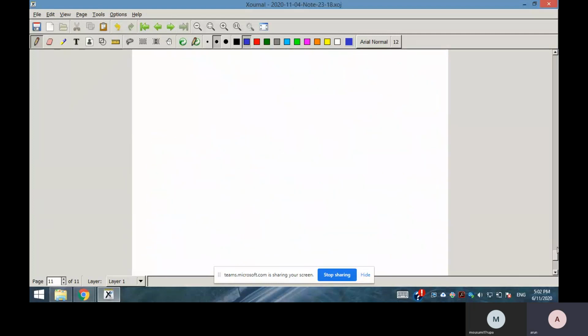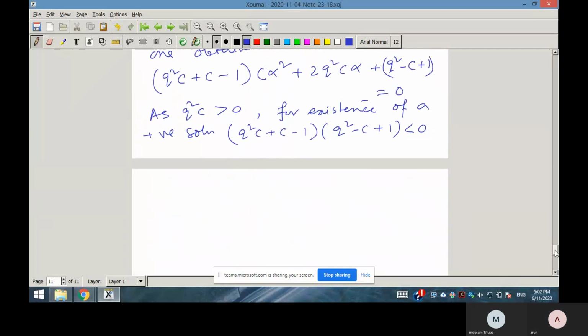So this will imply ultimately what? Since c is less than 1, because c is ultimately attenuation, in dB it is negative, so C equal to dB by 10.